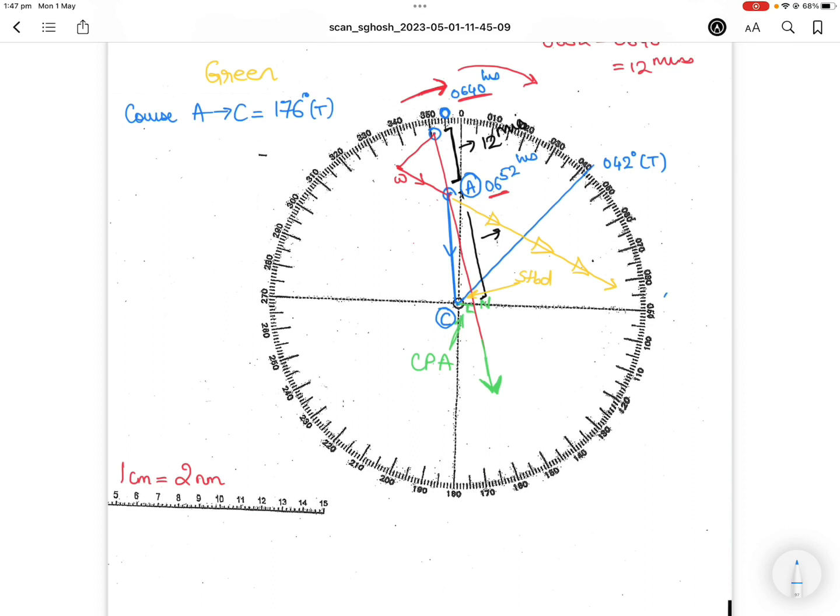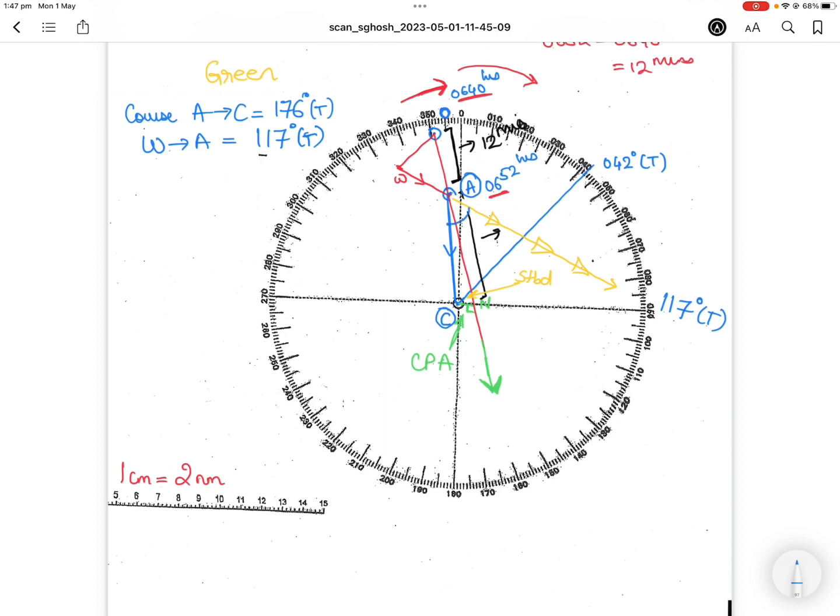So WA is going 117 degrees true. But the bearing that the target vessel is getting of you, A to C, is 176. But W to A, or the target vessel's course, is 117 degrees true.